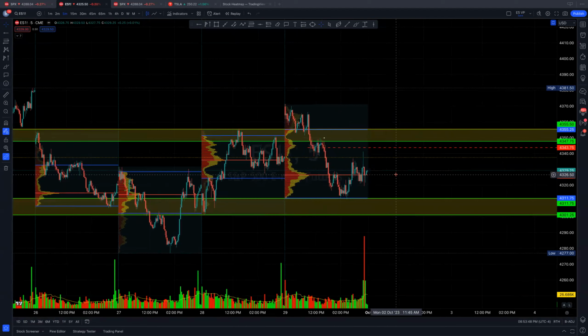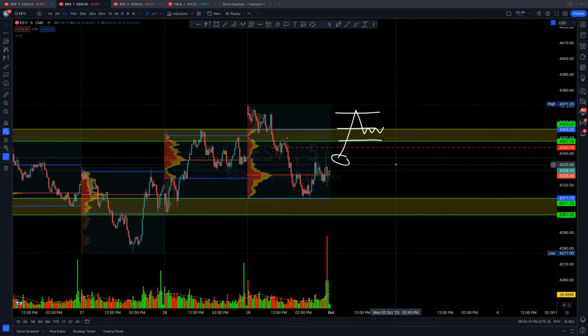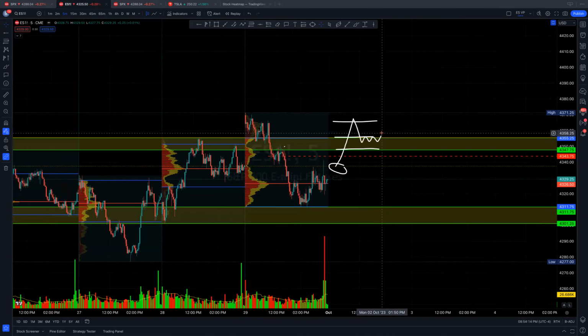If on Monday we open in here and then we break out over here and start chopping here, if I see the point of control here, value area low here, and value area high over here, I think there might be a chance that we move higher.